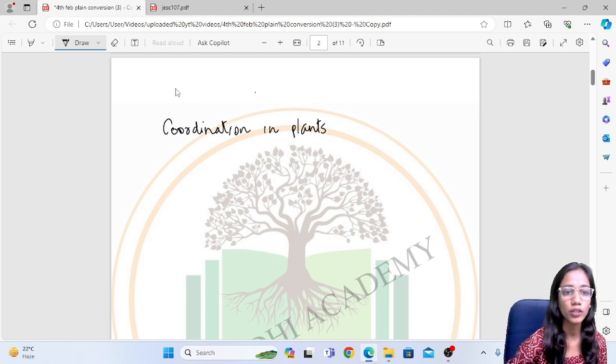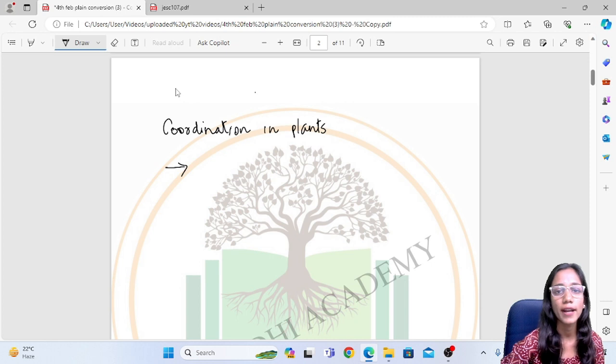Before going to this, we need to see what types of coordination are required in the plant, and how they respond. What is the requirement for responding to the environment?